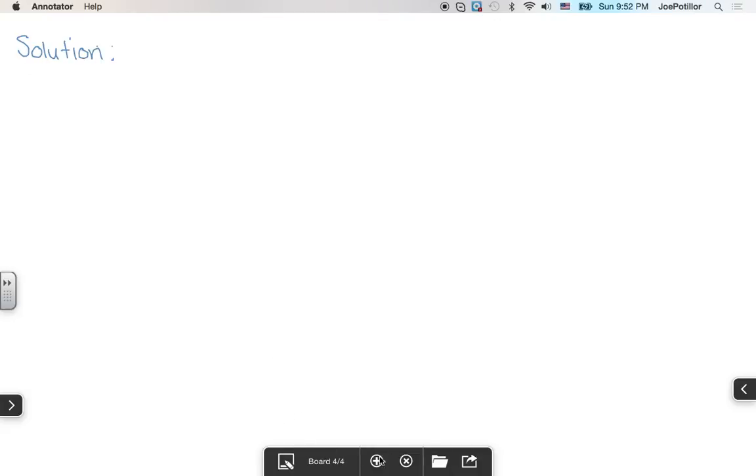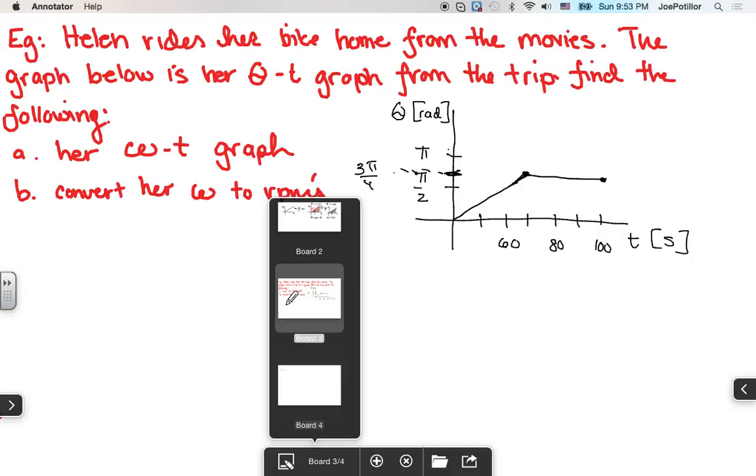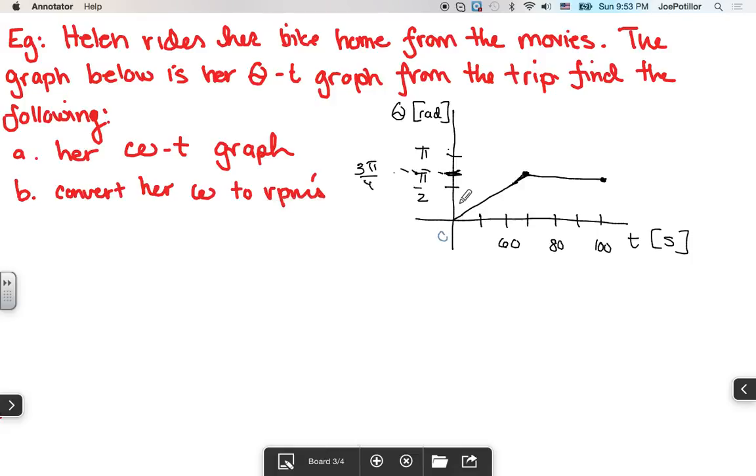We're given the graph here, and we go back to the third board right here. We can see it starts at time 0. This will be assumed to start at the origin at time 0, and it's increasing till about 70 seconds right here. Okay, so we can see that.